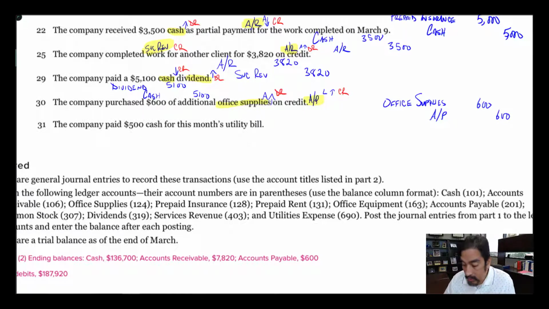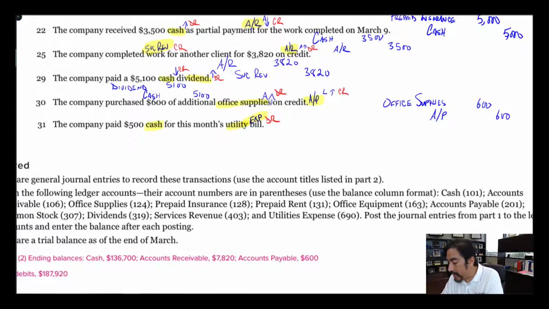And then the last one, the 31st, says we paid $500 cash for this month's utility bill. So our accounts are going to be cash and utility expense. Utility expense is an expense account. We are always going to debit expense accounts.